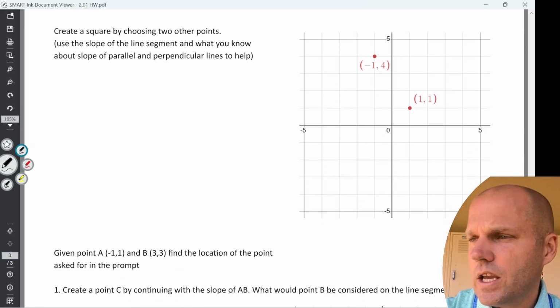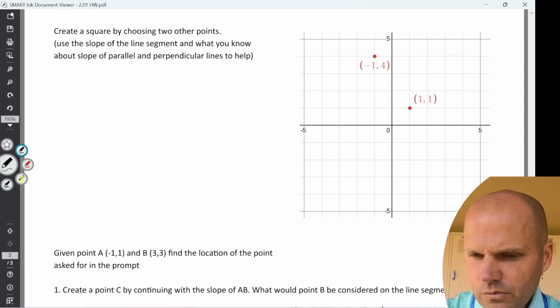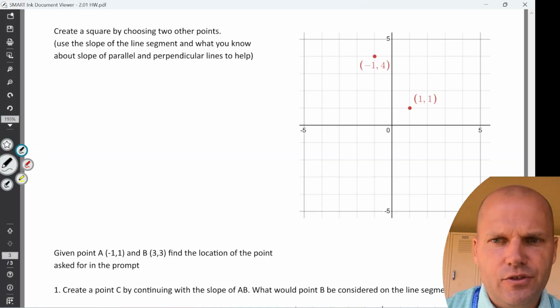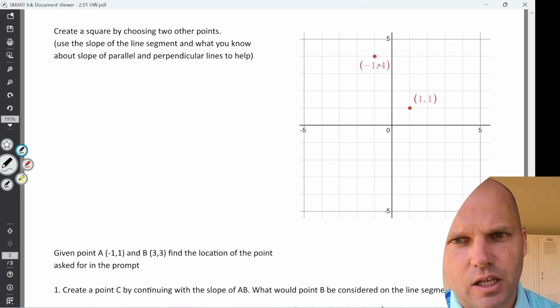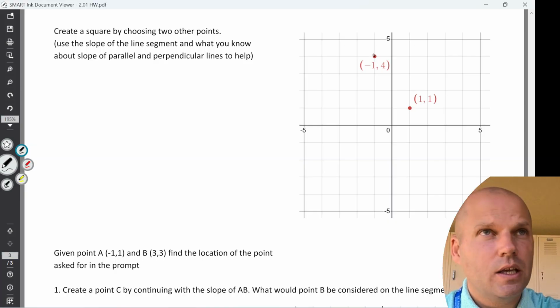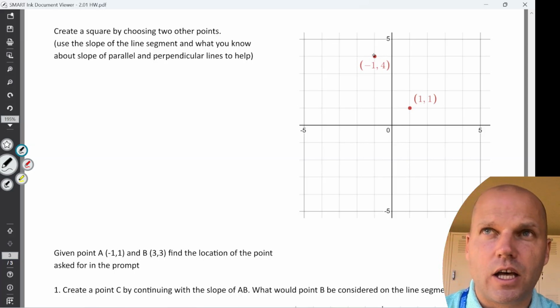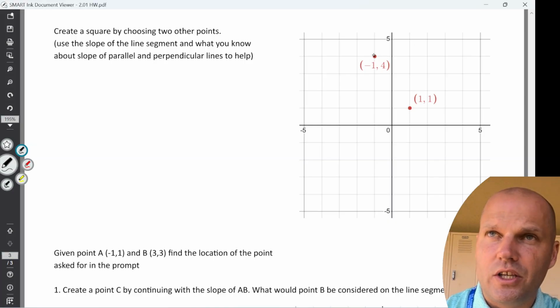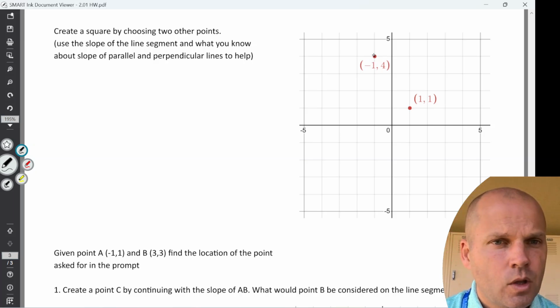Now, we talk about slopes of parallel and perpendicular lines from class. And we realize that parallel lines will be the same slope as other parallel lines. Like parallel lines will have the same slope. They'll be going in the same direction, the same y's per x.